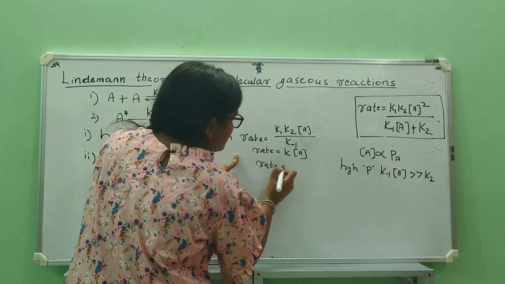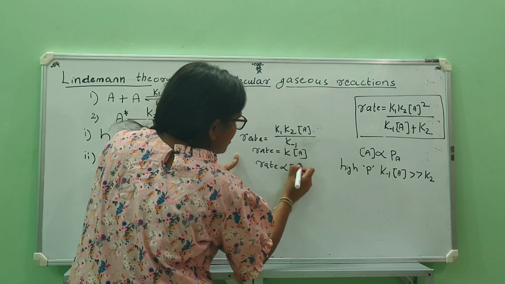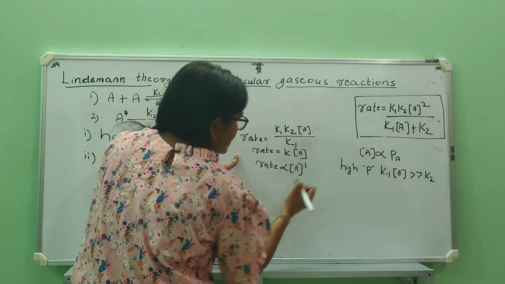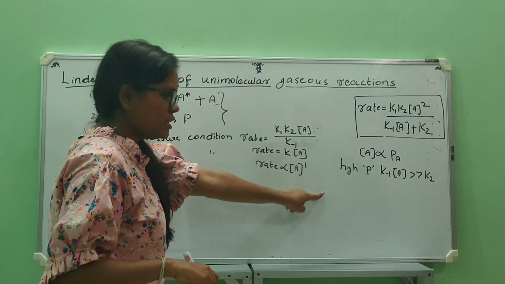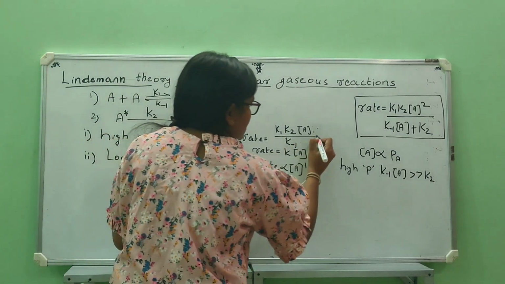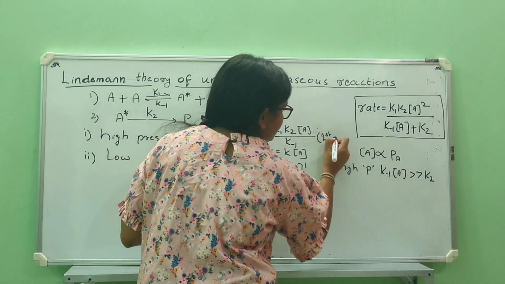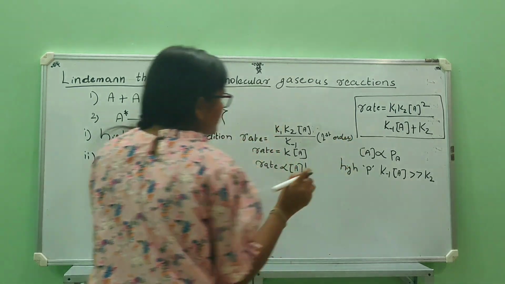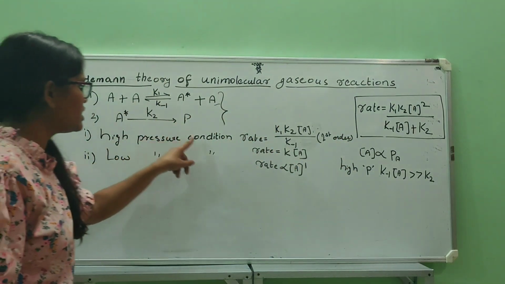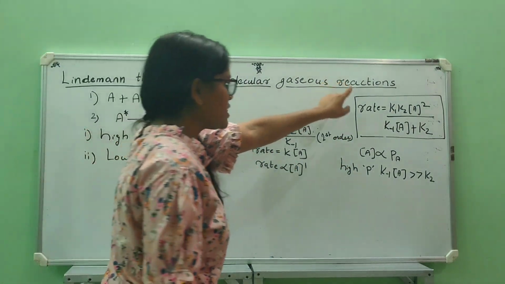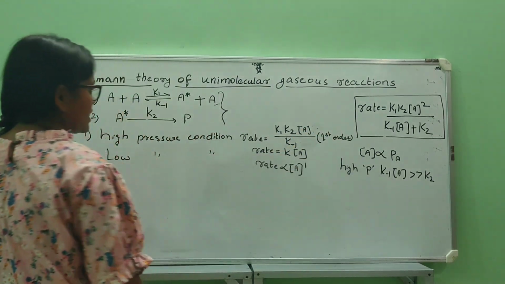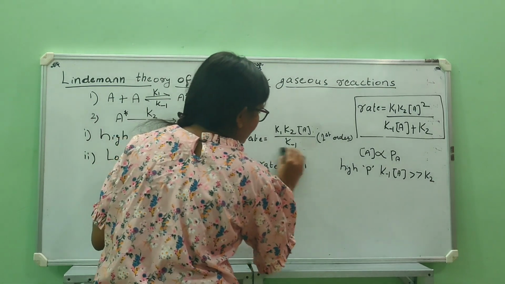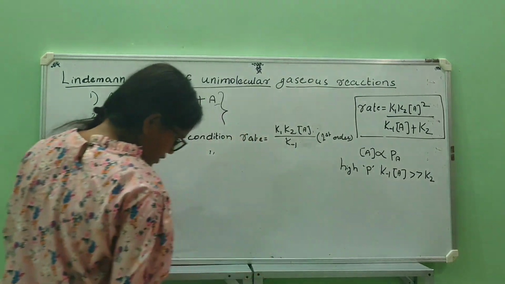Then rate is proportional to the concentration of A to the power 1. So this is a first order reaction. We can say that at high pressure conditions, unimolecular gaseous reactions follow first order kinetics. Now let us see what happens to the rate at low pressure condition, that is at low concentration of gases.